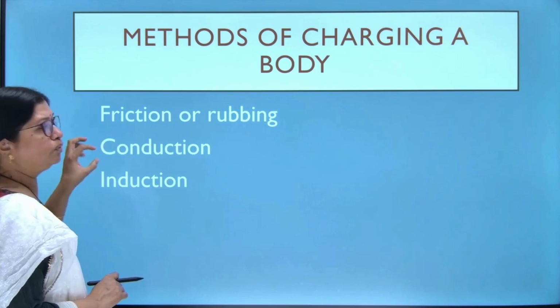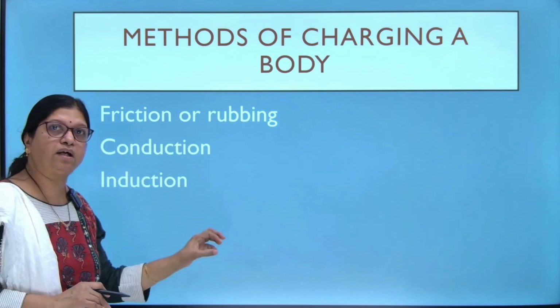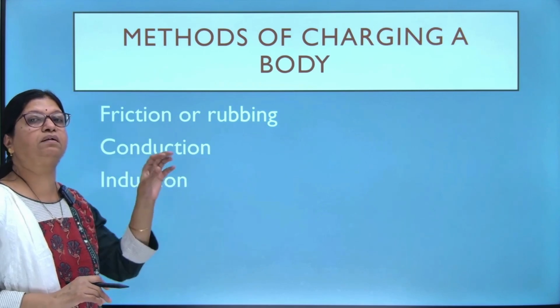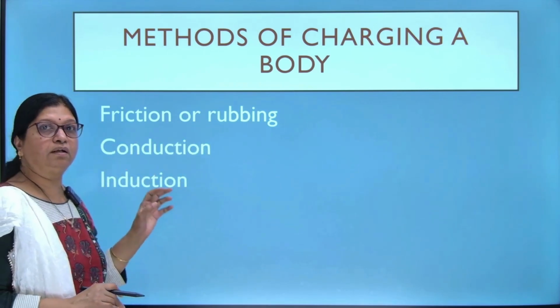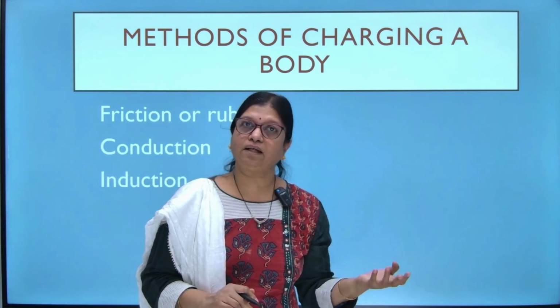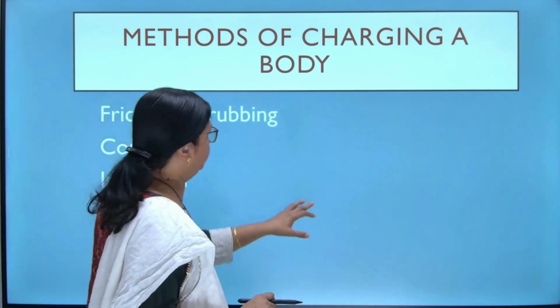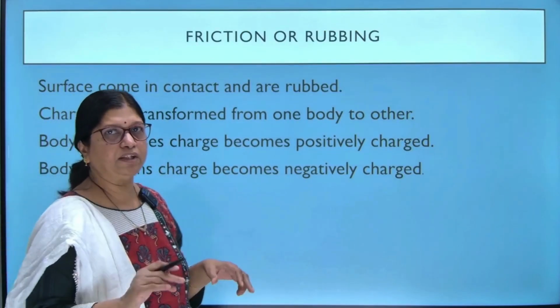We can use the conduction method for charging a conductor, and we can use the induction method for charging a conductor again. Okay, so we will consider each point one by one with a few examples.